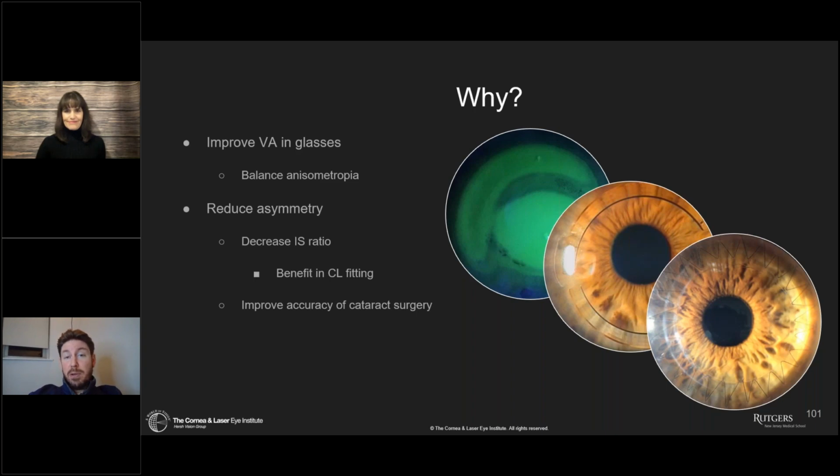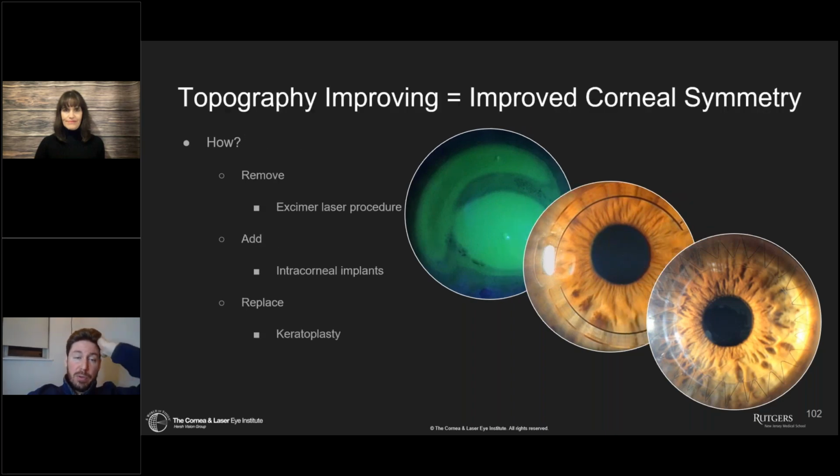So we'll talk about that. And obviously, if we can make the cornea more round, we can improve the accuracy of cataract surgery and give these individuals much better results afterwards. It is notoriously difficult to hit a refractive target in an individual with keratoconus. The way we would do this is we can either remove a little bit of tissue, add things to the cornea with implants, or replace the tissue with keratoplasty.